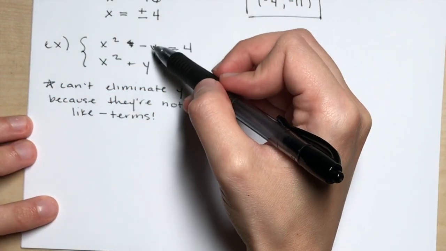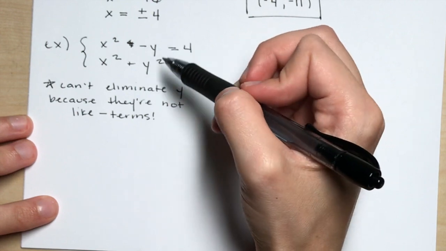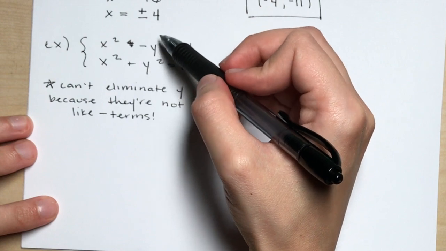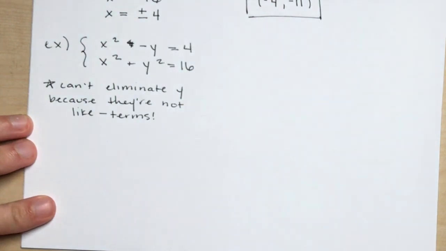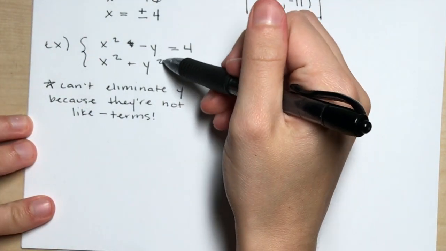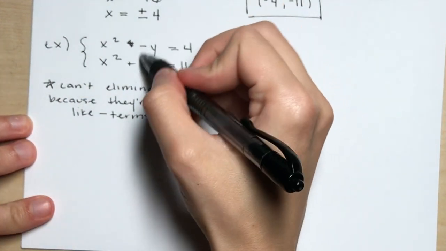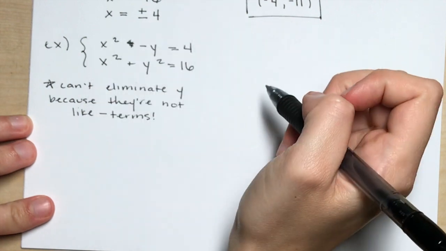There's no coefficient that I could give to y that would make it a like term with y squared, right? There's no real number coefficient that I could multiply by y to make it a like term with y squared. So we can't eliminate y here. We have to do x.